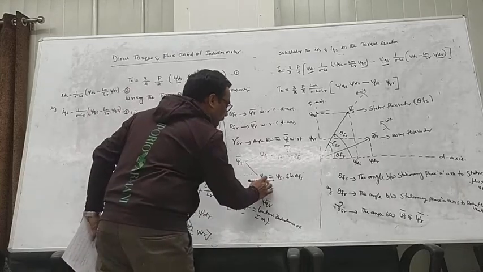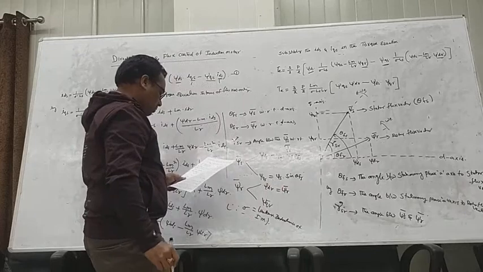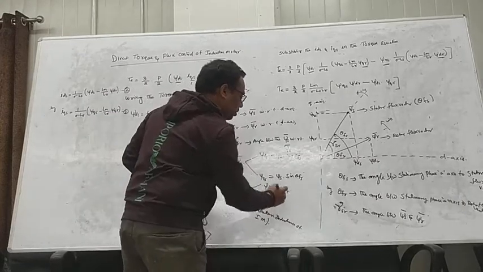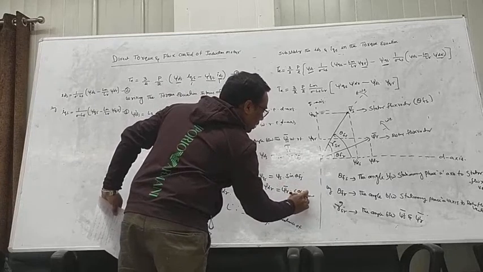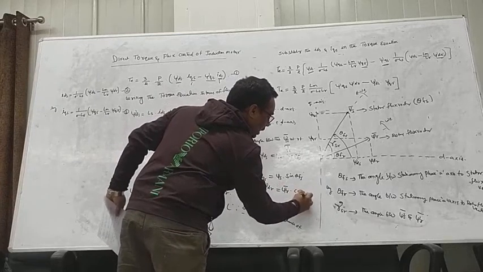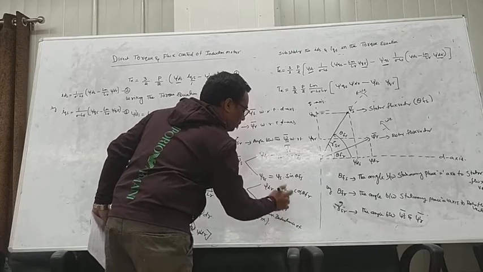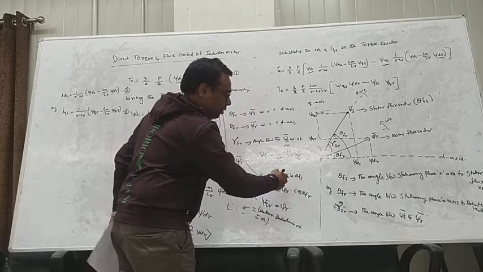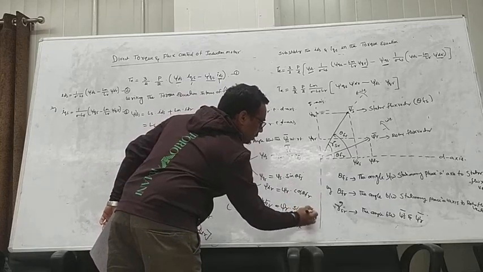Now psi dr is equal to psi r cos theta fr, and psi qr is equal to psi r sine theta fr.